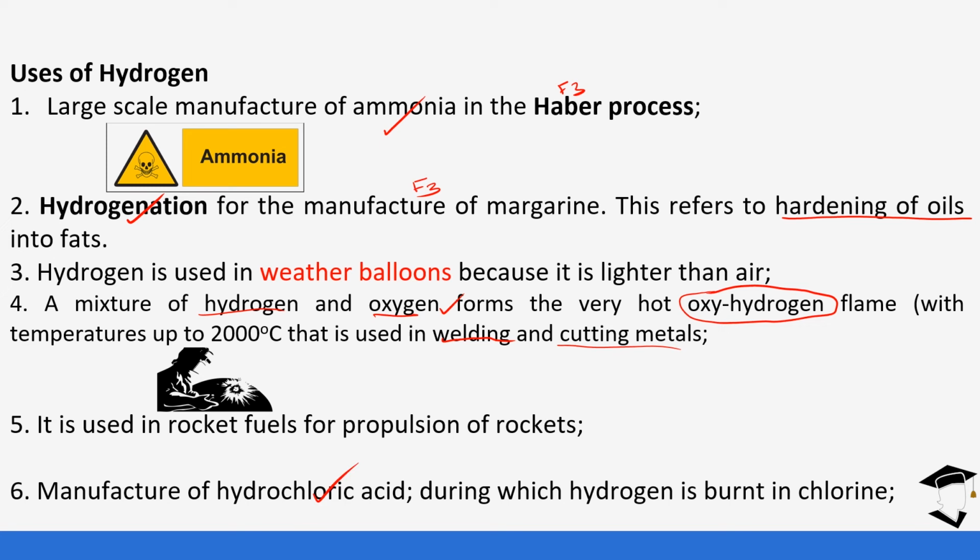So when we look at Form 3, when we are discussing some of the properties of chlorine, we will say hydrogen chloride can be made in the industries where hydrogen and chlorine is burnt and then the product is dissolved. So we will discuss it further later when we come to those properties in Form 3 work.